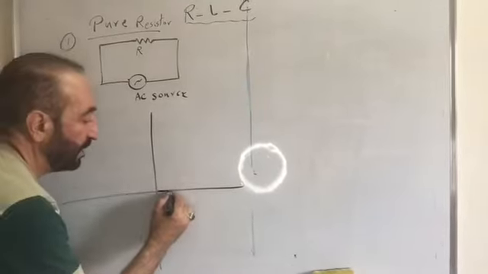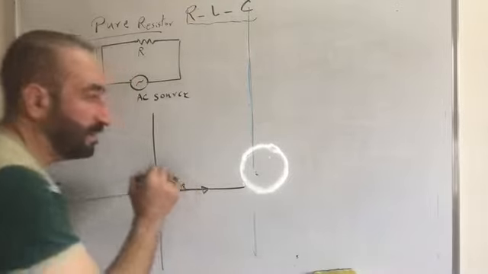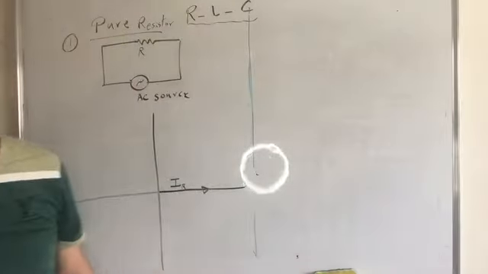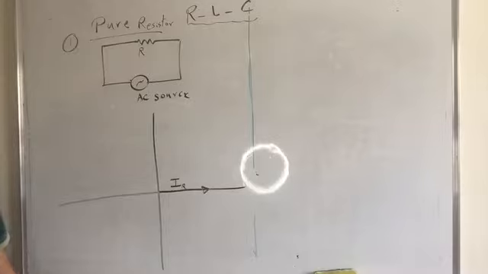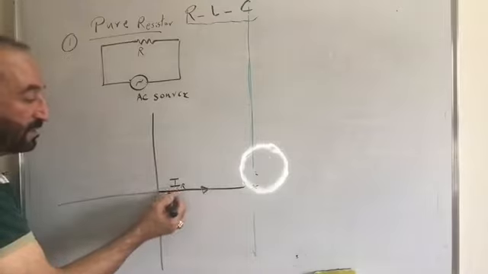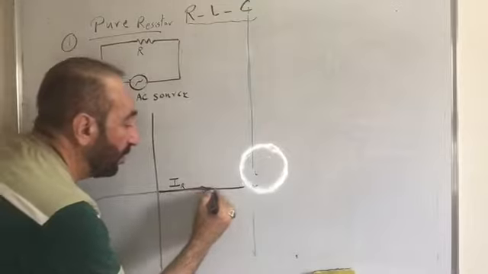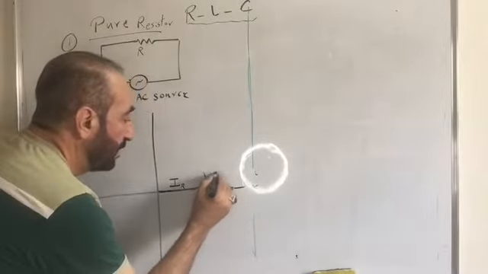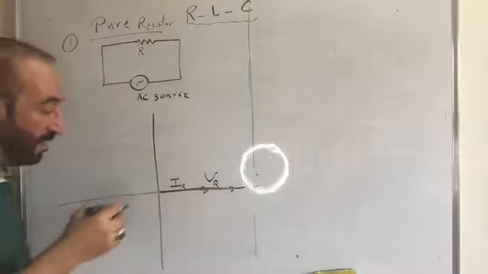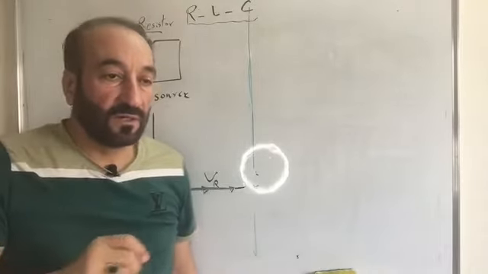If the current I is here, I sub R, which means the current which flows through the resistor, is congruent with the x-axis. The voltage V is also congruent with the x-axis. Therefore, the angle between I and V equals 0.